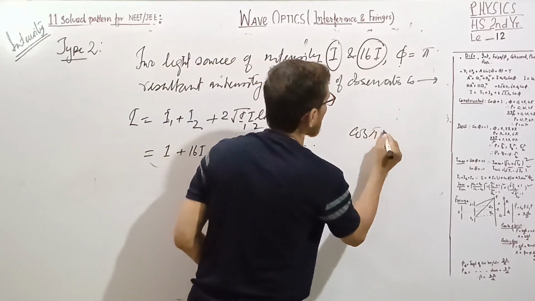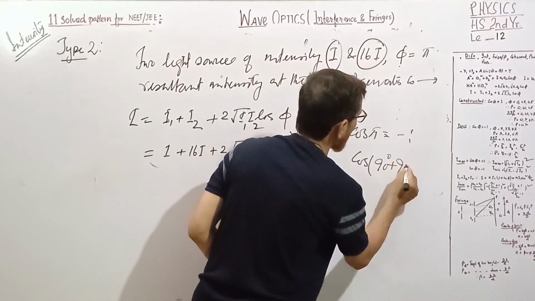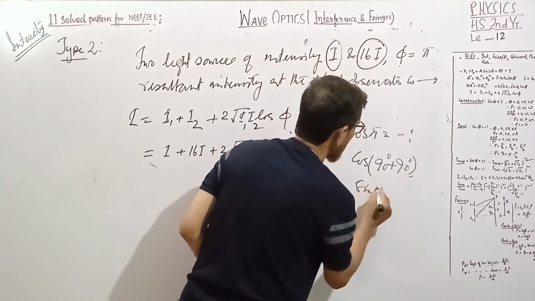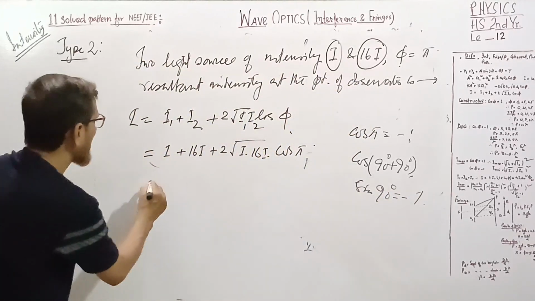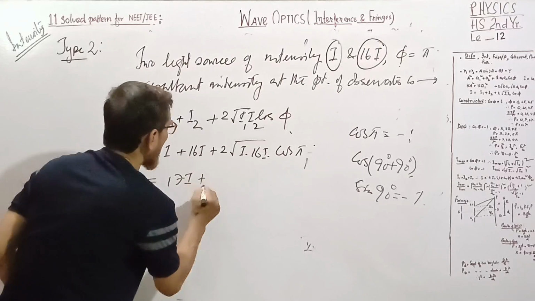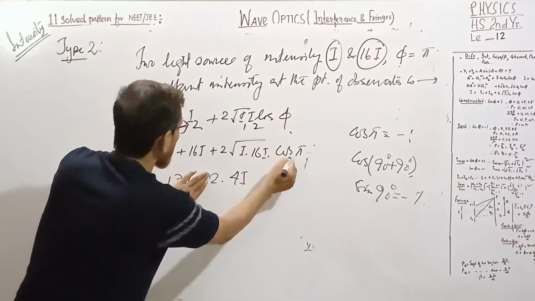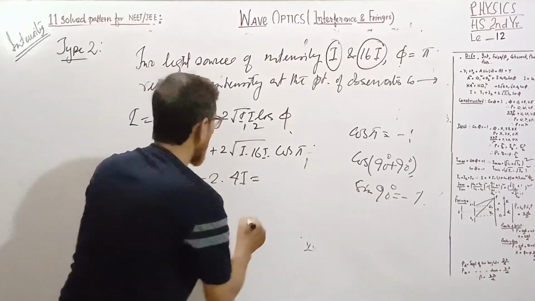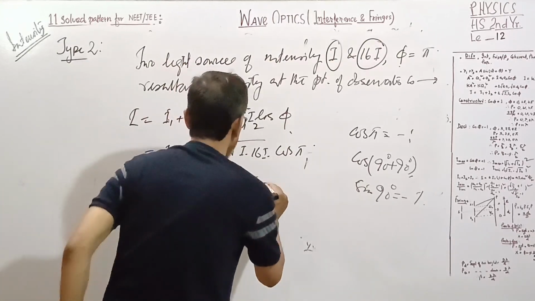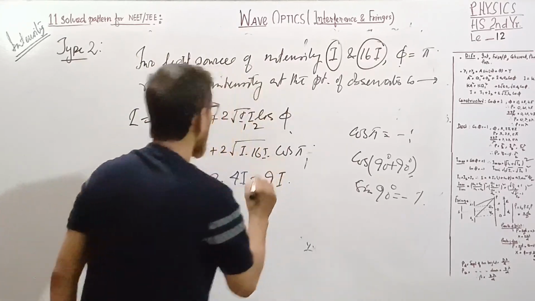Cos pi is equal to minus 1. That's why we have 17I plus twice root 16 I square, which is equal to 8I, and with the minus sign, this gives 9I.